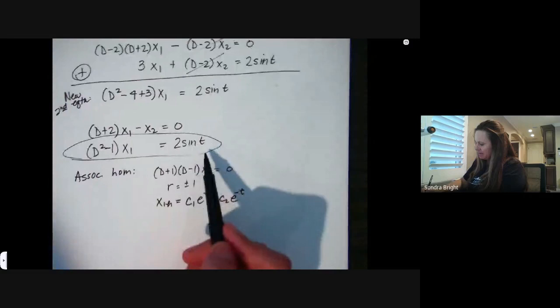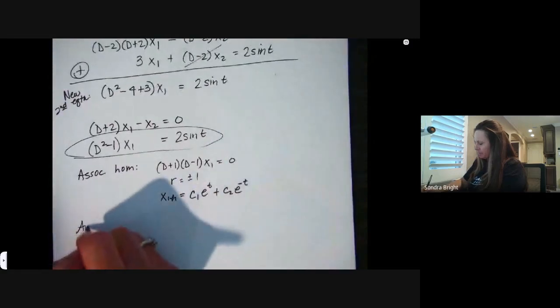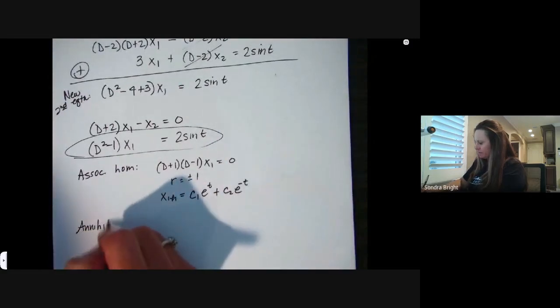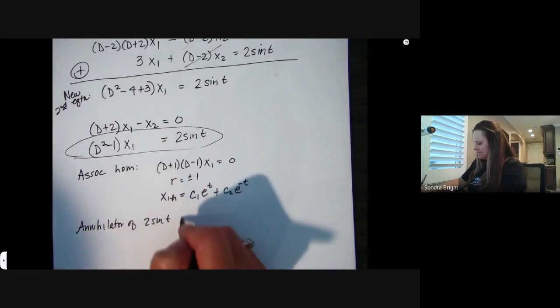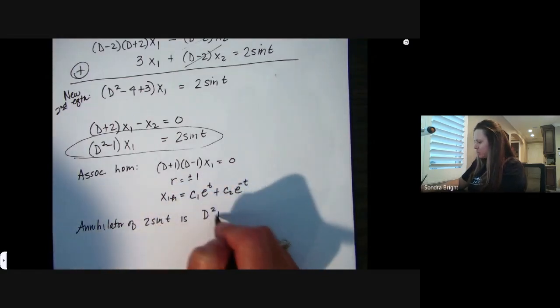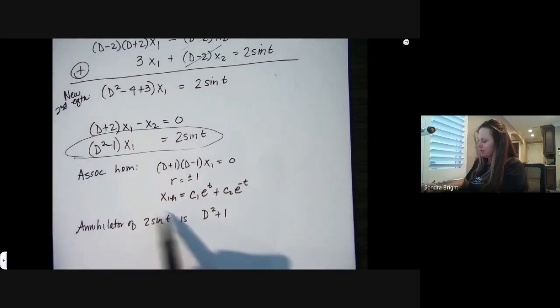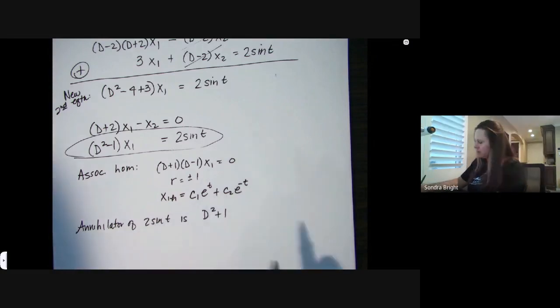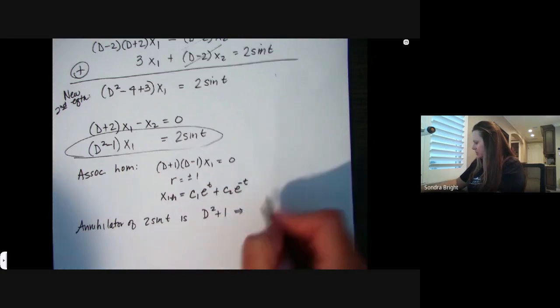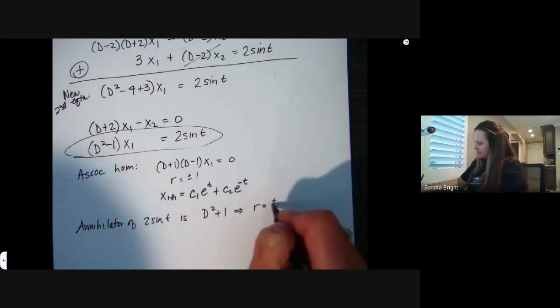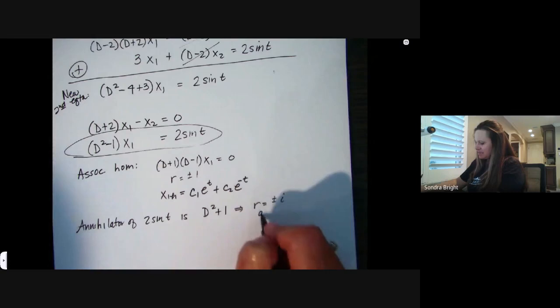So the annihilator of 2 sine of t is D squared plus 1, because if you take the second derivative of this guy, it would be negative 2 sine of t. So D squared plus 1. Well, that means that your r would be plus or minus i. And that's an a is 0 and a b is 1.